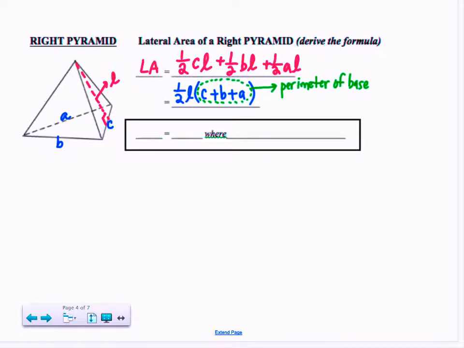So maybe you can guess what I'm going to write down now as our formula for lateral area. So up here I have the 1/2 L times P, and that P is going to stand for the perimeter of the base.